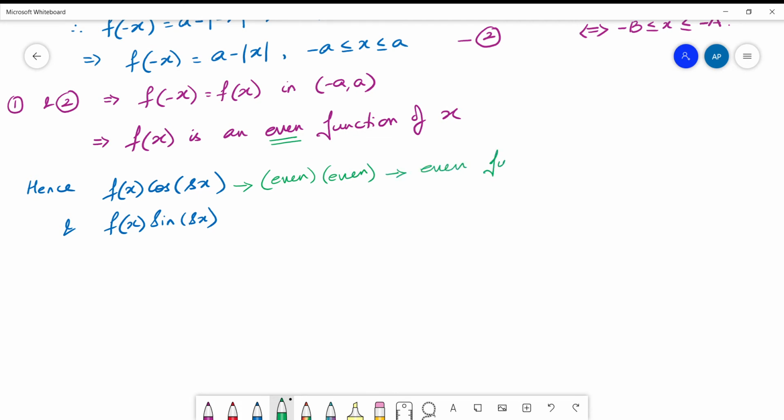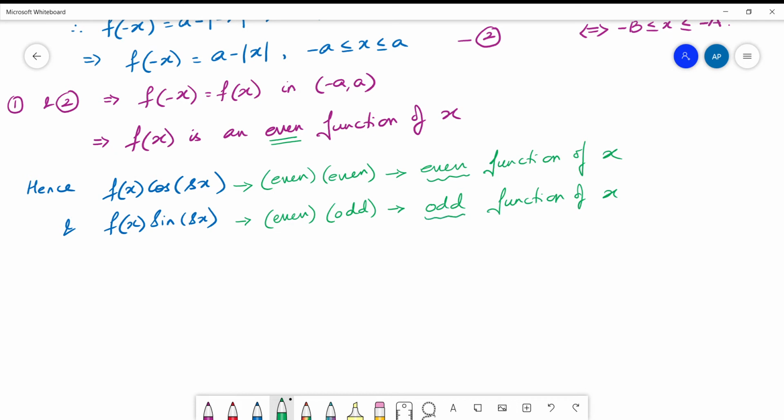So f of x cos sx is an even function of x. Now moving to the next, f of x is even, we just now proved. Sine is an odd function, and therefore the resultant is an odd function of x. Which are the two functions? f of x cos sx, f of x sin sx. Both the natures are known to us, and one is even, the other is odd.